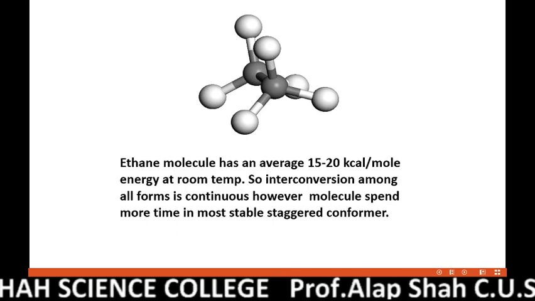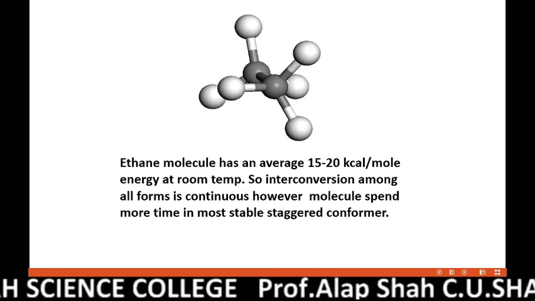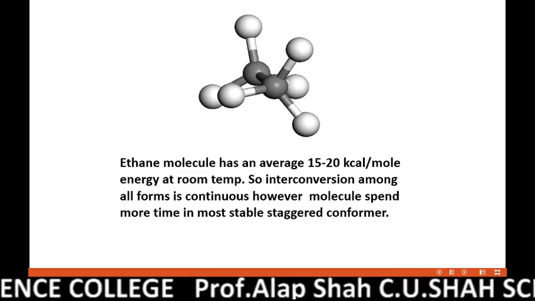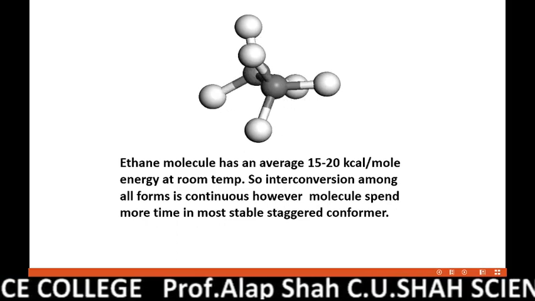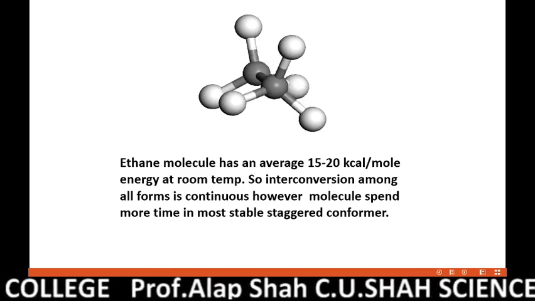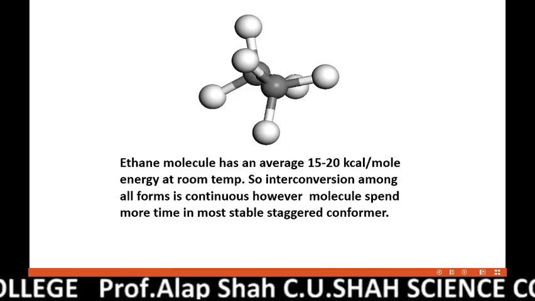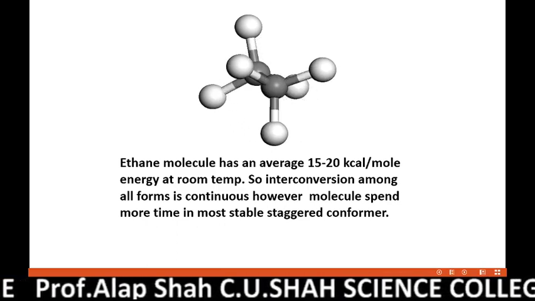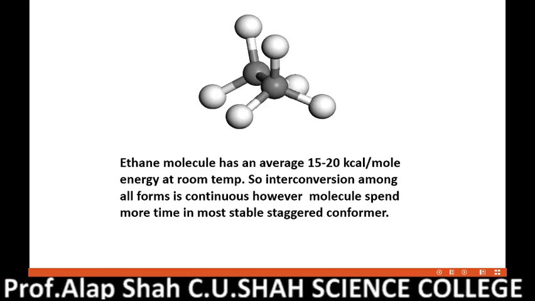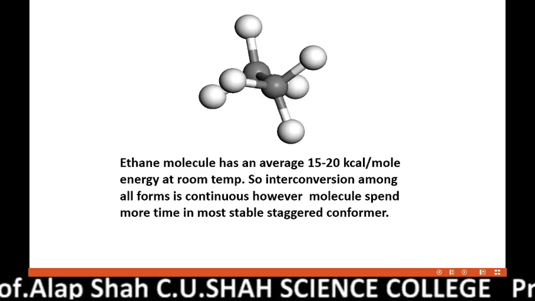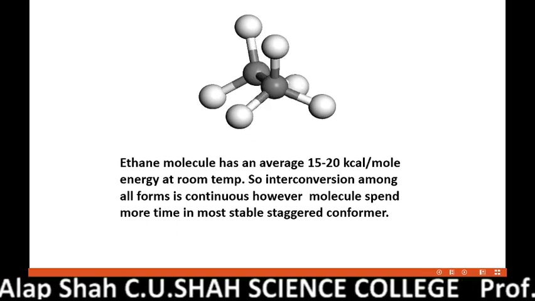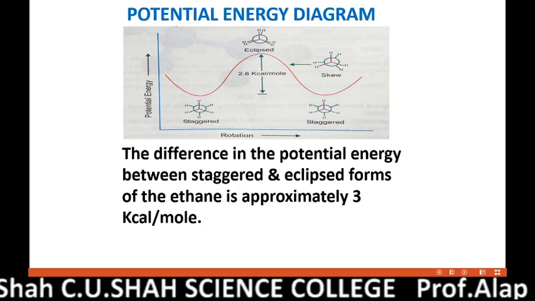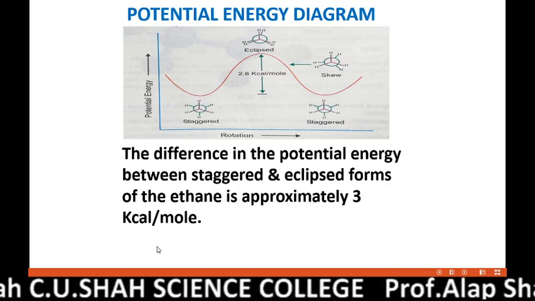So here you can see that staggered converts into eclipse and in between so many skews. But we can understand that though interconversion is continuous, ethane molecules spend most time in the most stable staggered conformer. So friends, you should write three sentences on staggered, eclipse and skew conformers. You should draw this energy diagram, and this is called conformational analysis of ethane.